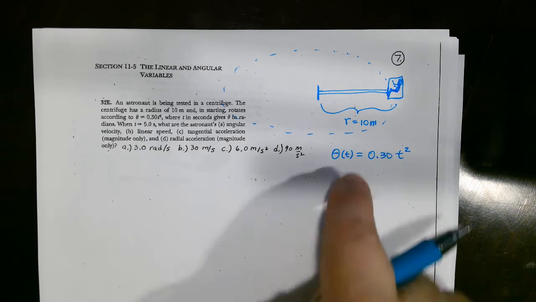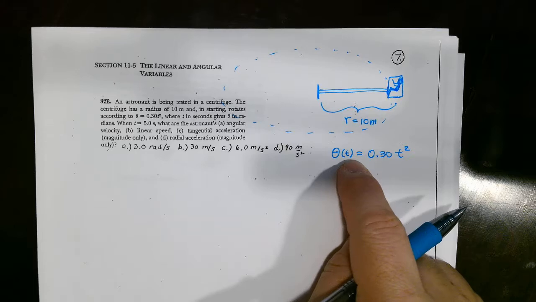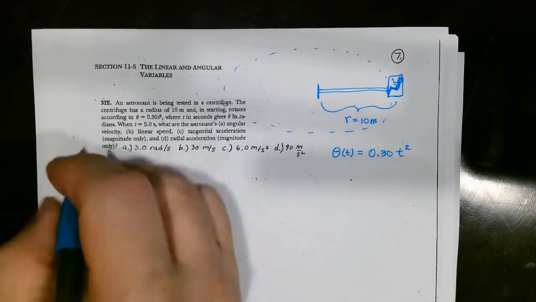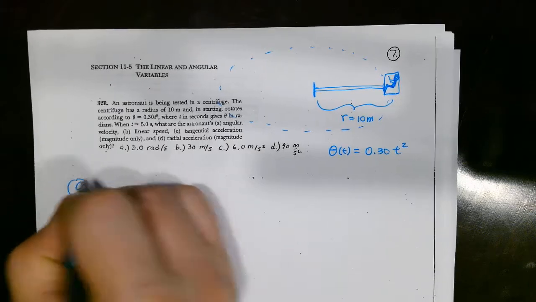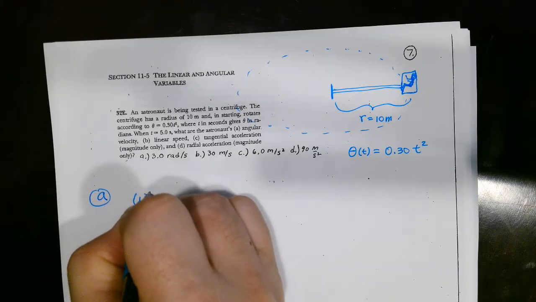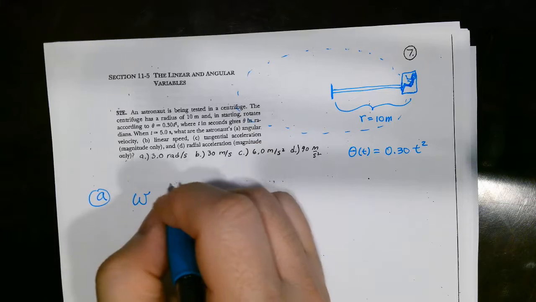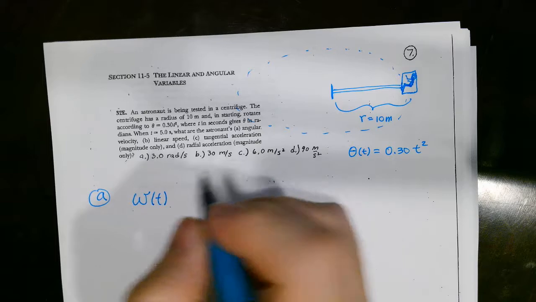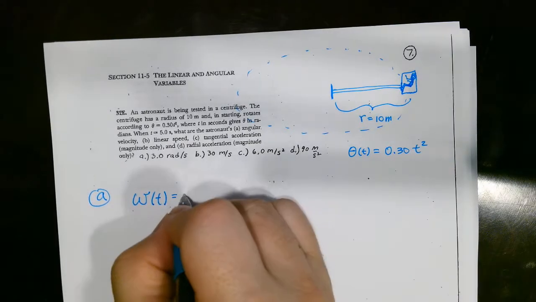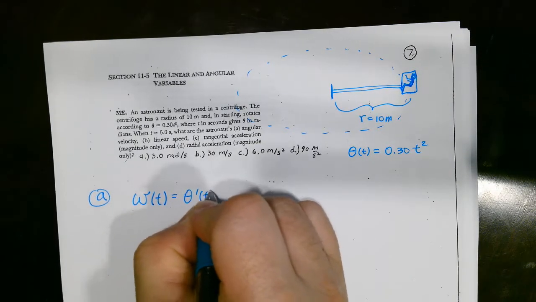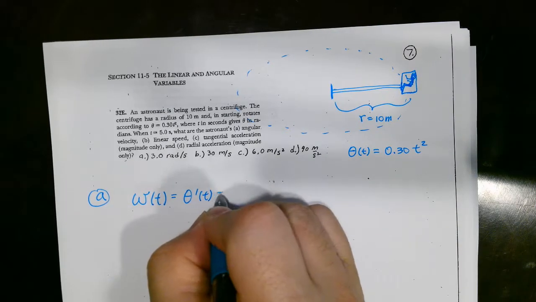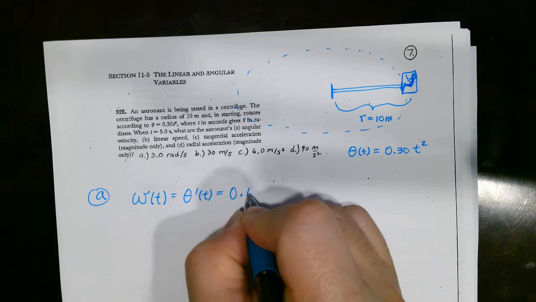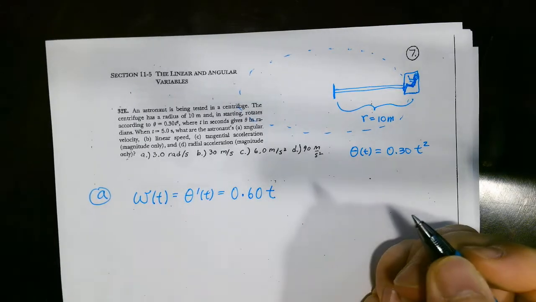But we know this, and that's important. So for part A, they want us to figure out what angular velocity is. What is omega when t is equal to 5 seconds? Well, omega of t is equal to theta prime of t, the first derivative of the position function, which is 0.60 t.